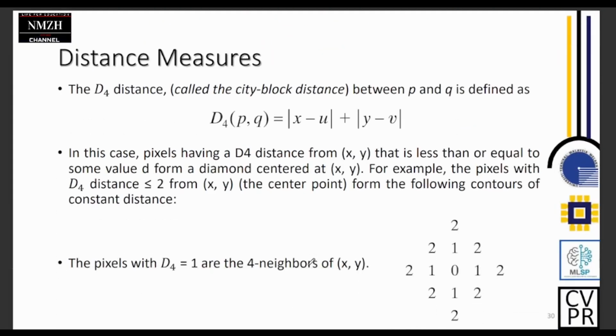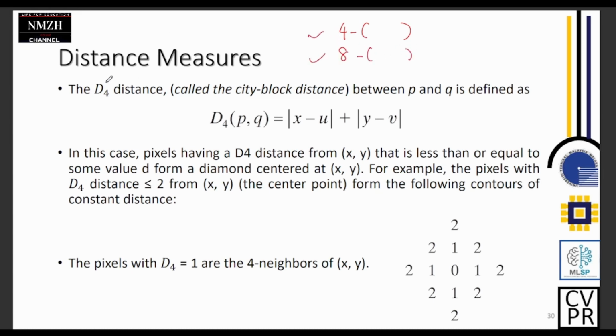Now, speaking of adjacency, path, connectivity, region, and boundary. Previously we discussed the 4 and 8 neighbors, right?